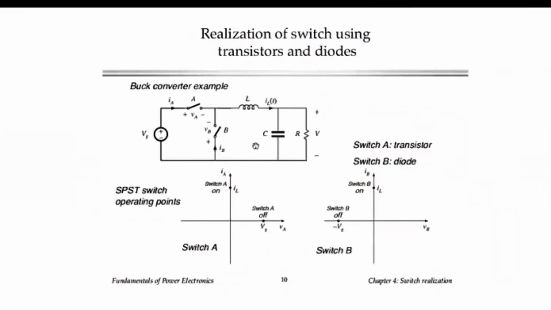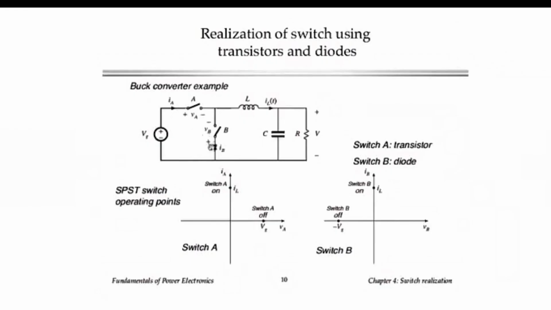So here's an example of a buck converter. Let's illustrate by example how to analyze the two switches to decide how they must be realized with a transistor and diode. Here we have switch A and switch B and arbitrarily defined voltages across the switches.